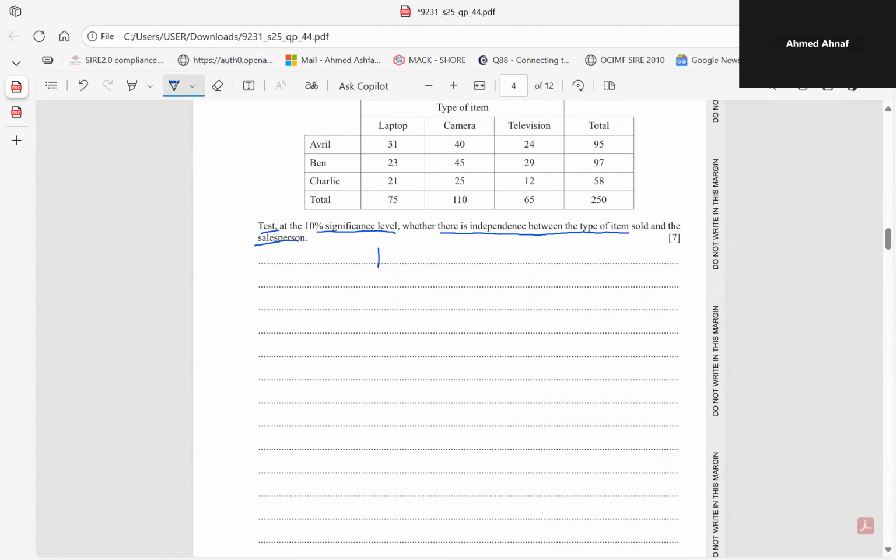So first off, let's also draw this table with the expected frequencies. Laptop, camera, TV, and A, B, C for the salespeople. And then obviously don't forget your total columns.